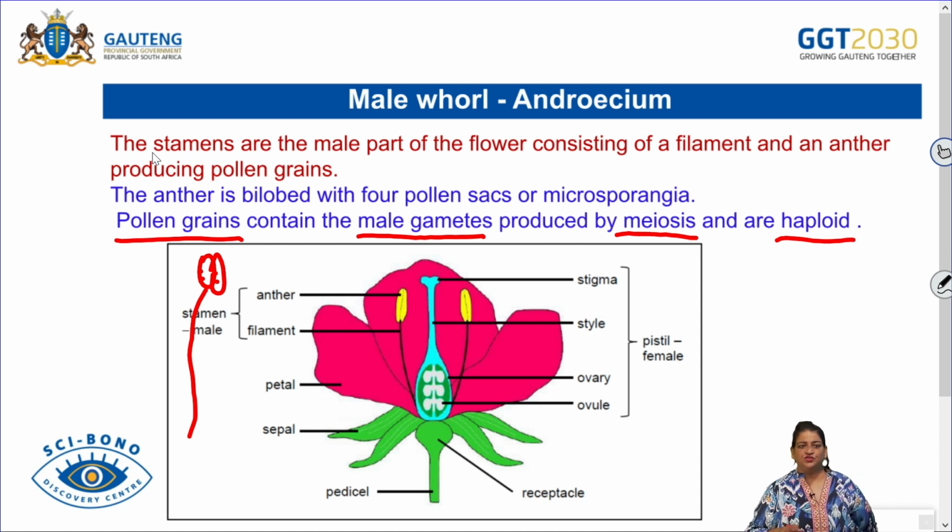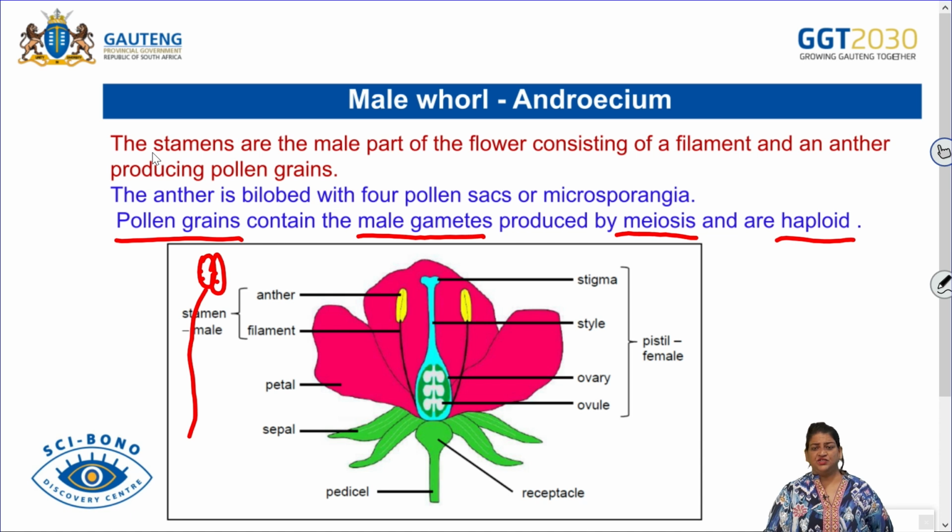So the pollen grains contain male gametes which were produced by meiosis. And meiosis is what? It's a halving division. It ensures that the chromosomes in the nucleus will become half, so that when the 2 gametes come together, it gives the constant chromosome number of that species, of that particular flower.